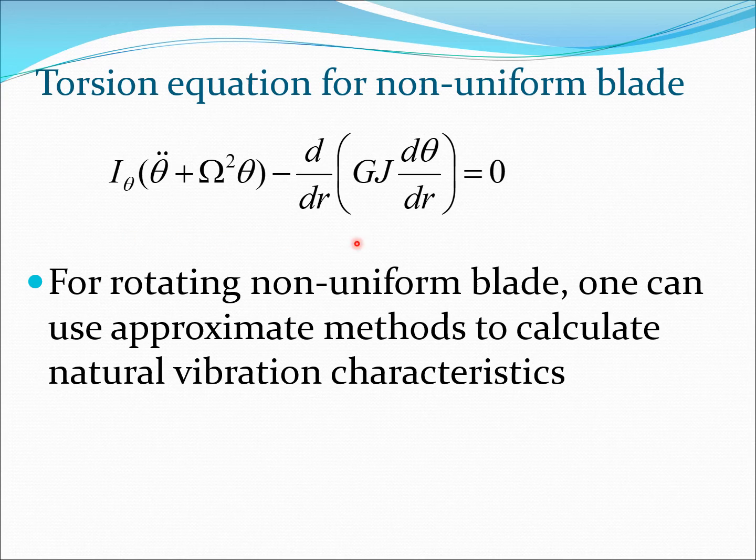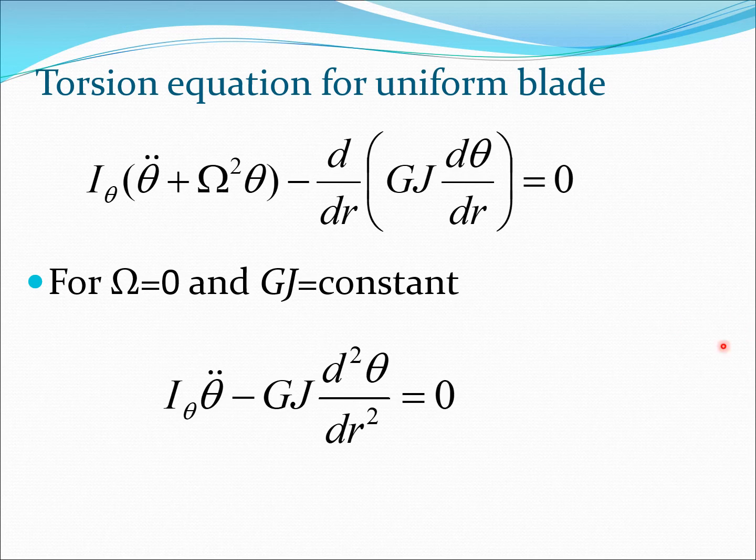So if you have a uniform blade, it is easy to solve, but the moment you have a non-uniform blade, that is your GJ is a function of r, this equation becomes quite difficult to solve, and you would need to use some kind of approximate method like Rayleigh-Ritz, Galerkin, or FEM to essentially find the natural frequencies and mode shape for even this very simple model of a blade only in torsion.